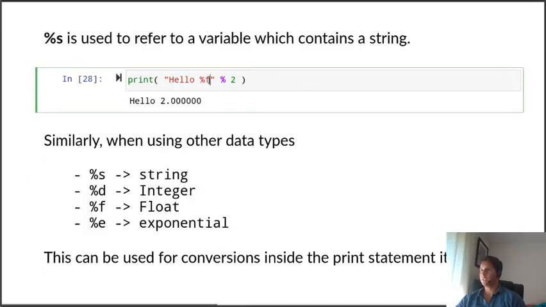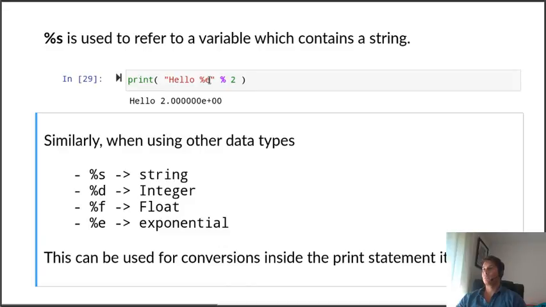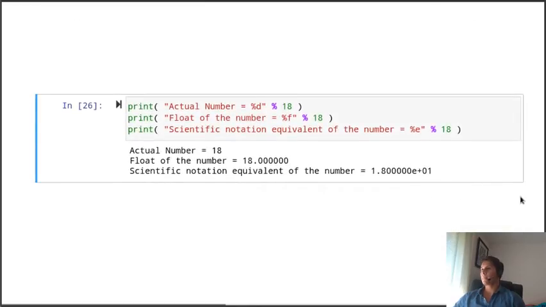If we put e, we'll put it like 2, and then 10 to the 0. Or for example, 20 is 2 times 10 to the first power. Here I have an example of the same, but with the number 18. Here it is printed as an integer, as a float, and in scientific notation.